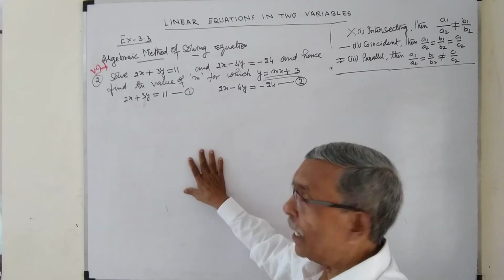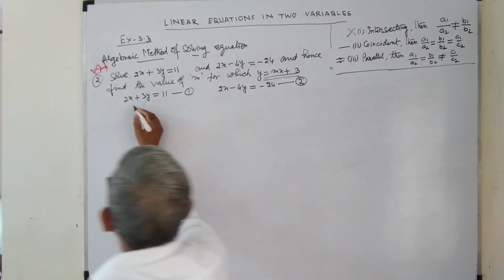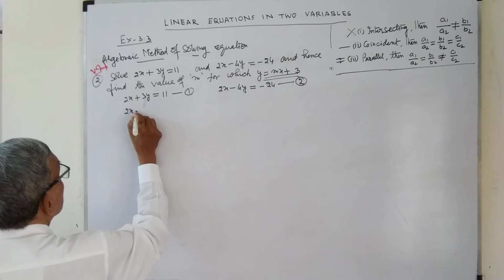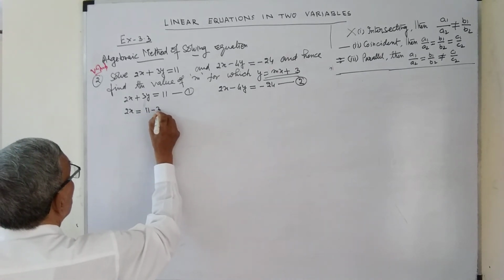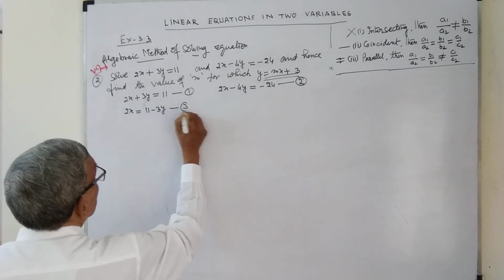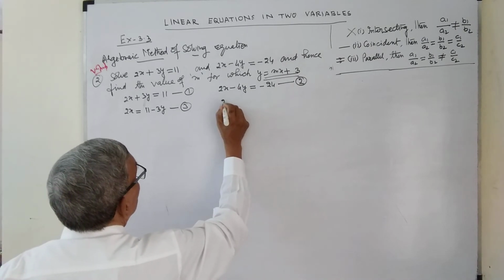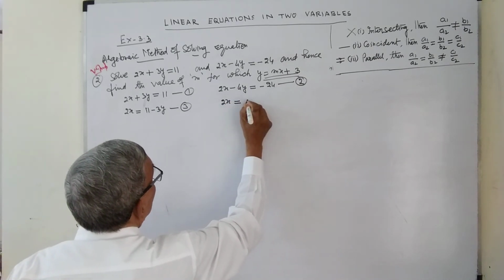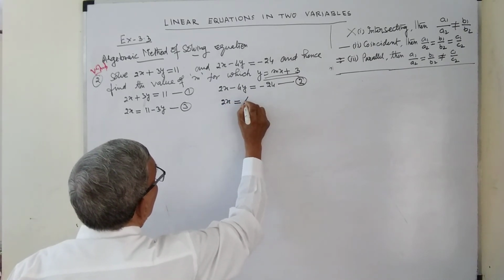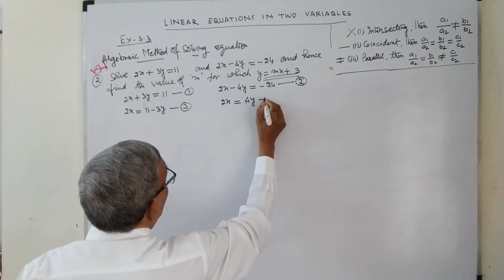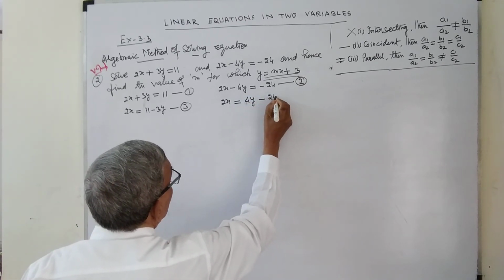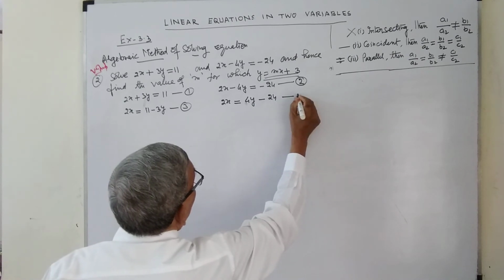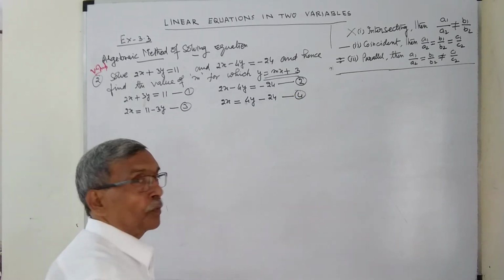Okay, so let us solve. So here 2x is equal to 11 minus 3y, this is equation 3, and 2x is equal to 4y minus 24. So this is equation number 4.